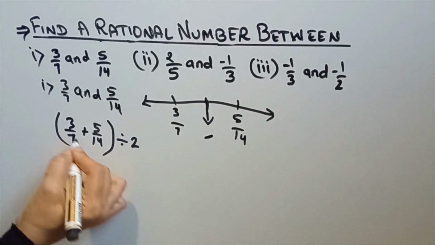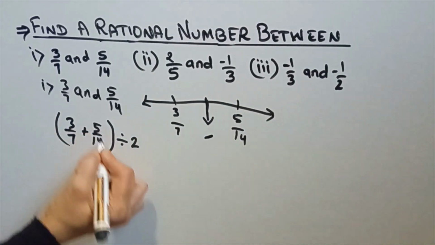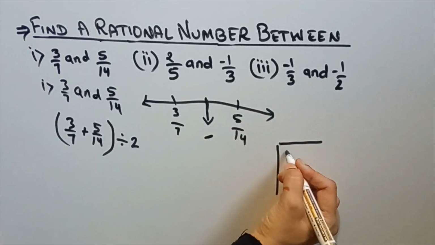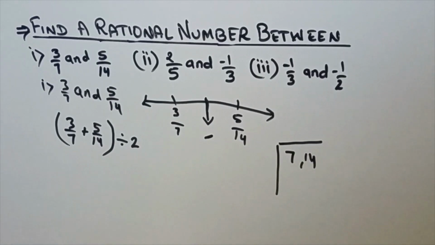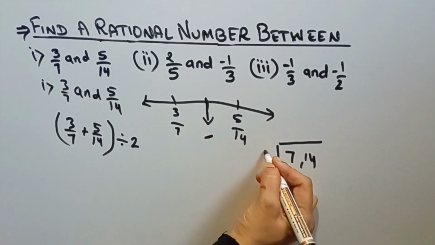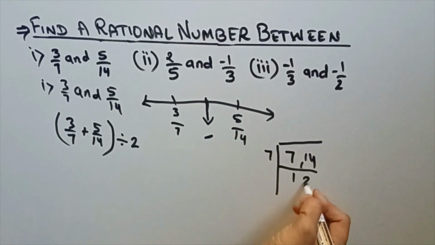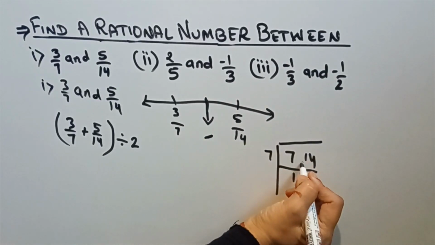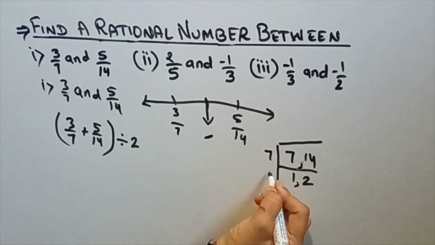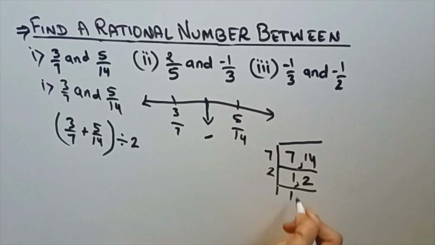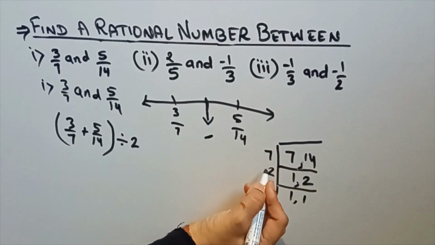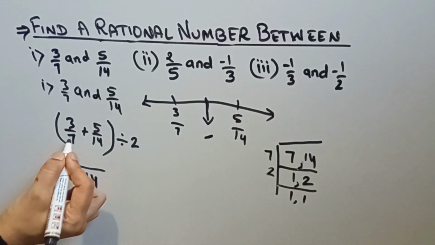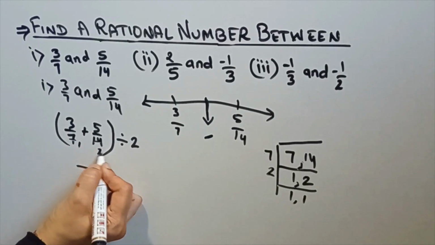Now we are adding two fractions, so we'll take the LCM of the denominators, 7 and 14. 7 ones are 7, 7 twos are 14.